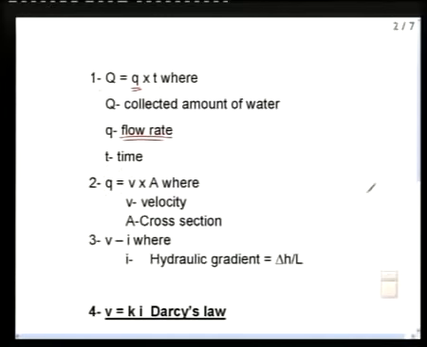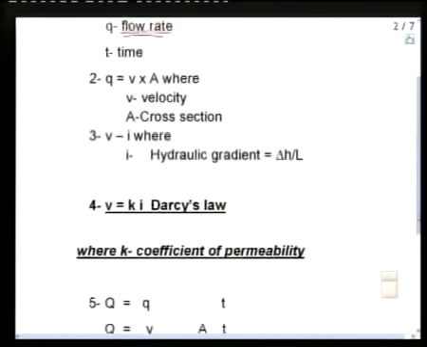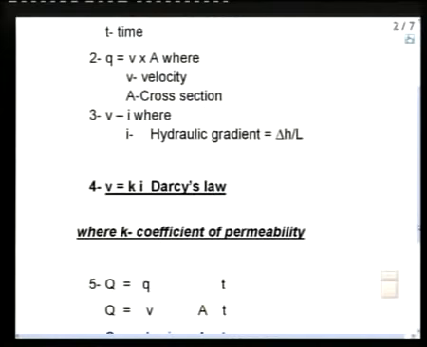Now, flow rate q, can I say it is velocity of water multiplied by the cross-sectional area, right? So it is velocity multiplied by cross-sectional area A. So it's V multiplied by A. Flow rate equals velocity times cross-sectional area, right?